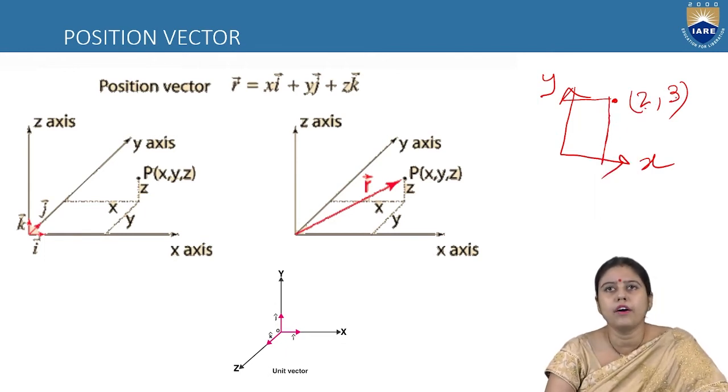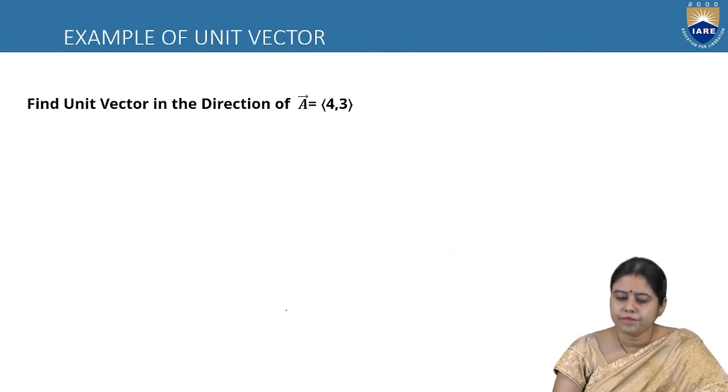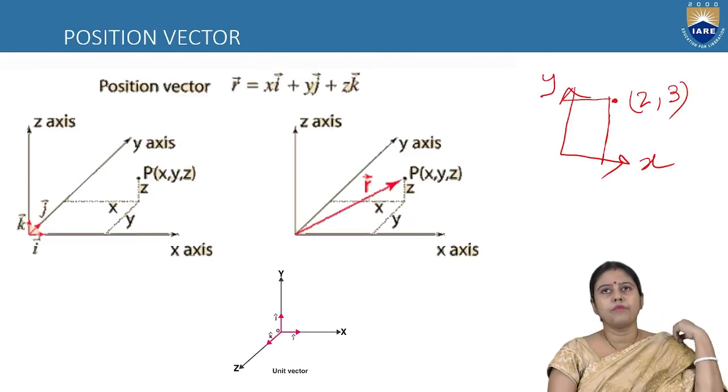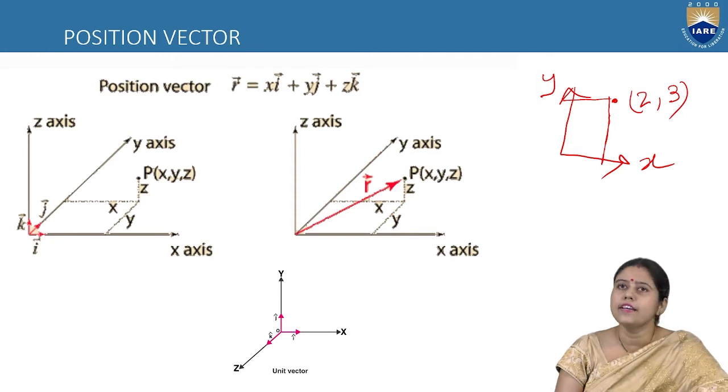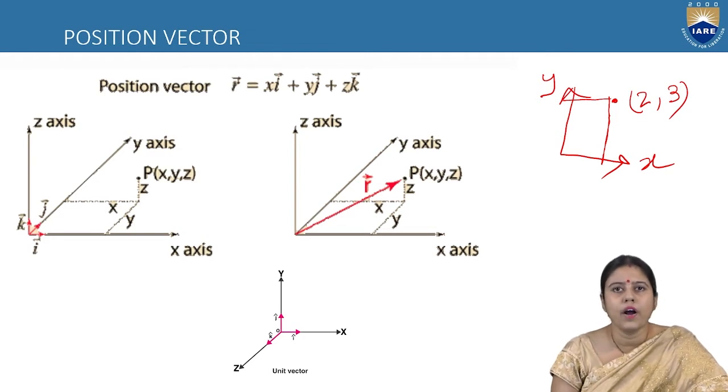If we think about 3D, it should have x, y and z axes. So this is called the position vector: x, y, z, three axes for a three-dimensional thing.